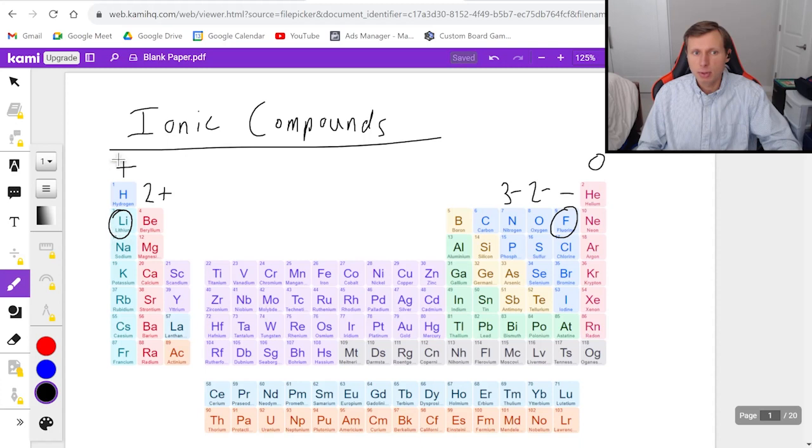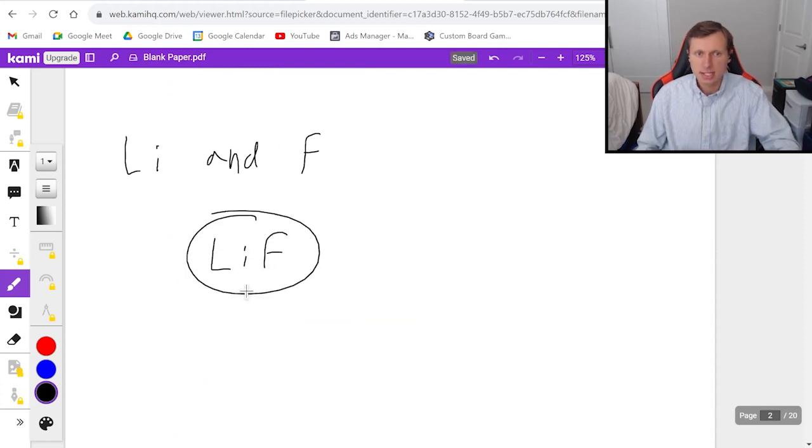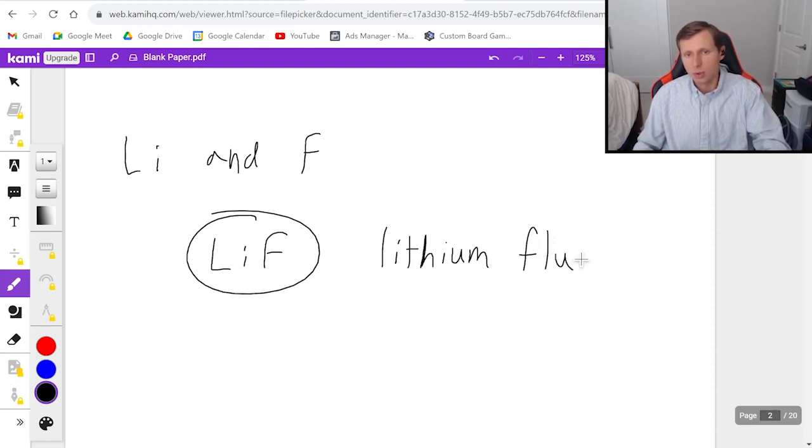Since lithium likes to be 1 plus and fluorine likes to be 1 minus, those charges are even. 1 plus cancels out with 1 minus, which means that when I form the compound, I can just write them next to each other. Li, capital F, and that's the empirical formula. I don't need to write the charges, it doesn't matter. The only other thing I could say is the name of this, which is going to be lithium fluoride.